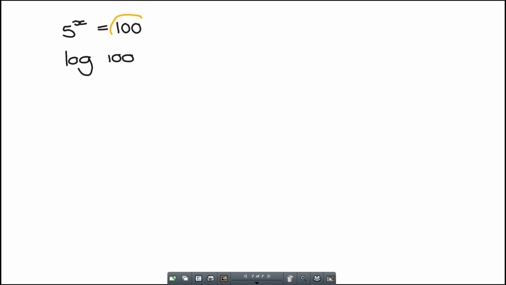Want hierdie enetjie was mos alleen. So nou gaan skryf ek hom langs log. Nee, it was alone, so now I write it next to log. Okay, now these two both have to push down. So if that 5 pushes down, it's going to be here.